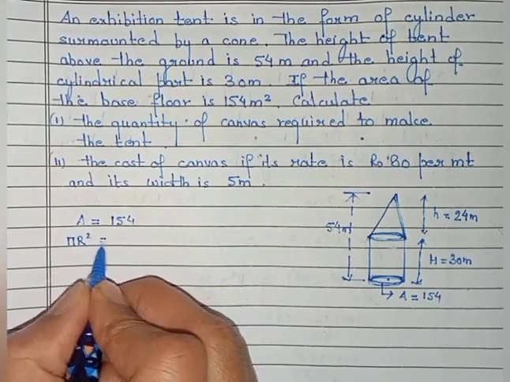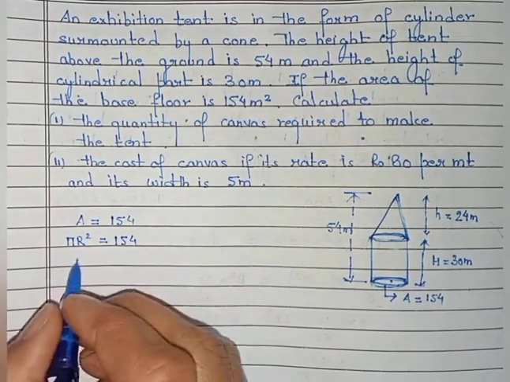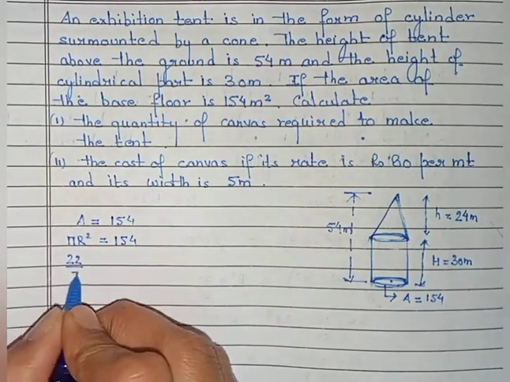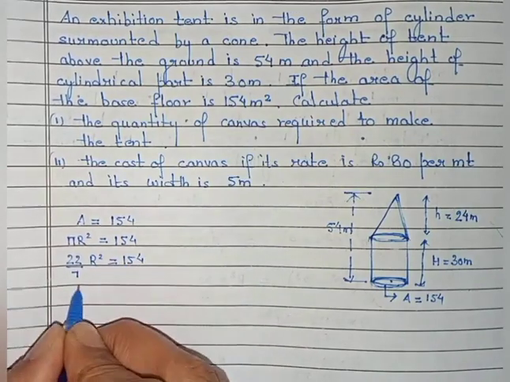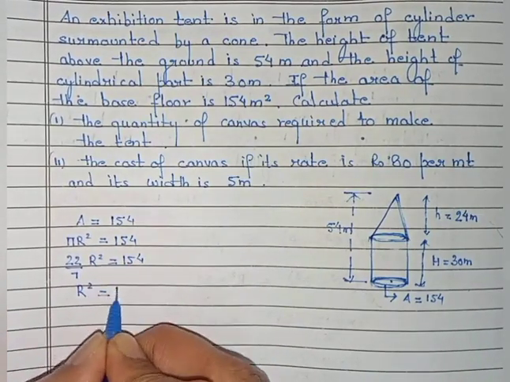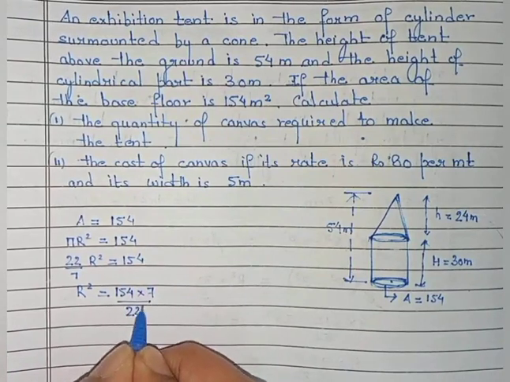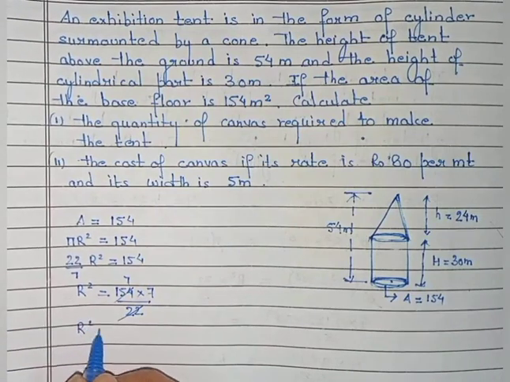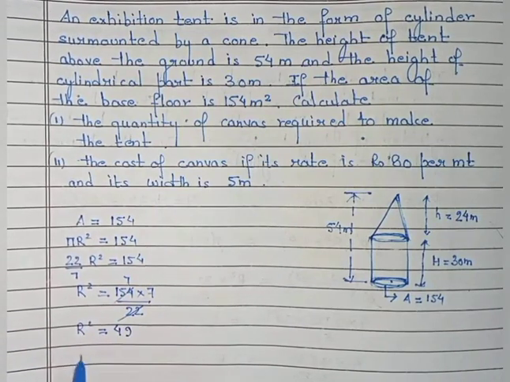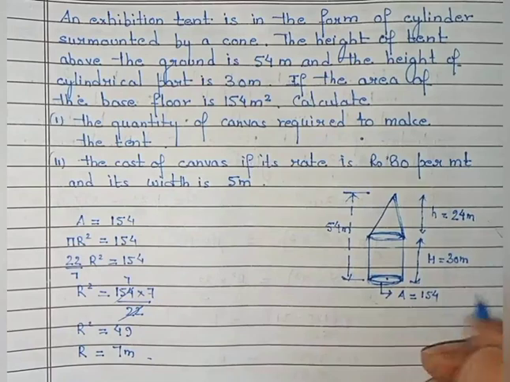From here you can get the radius of the cylindrical portion. So let's see what the radius will be. 22 goes into it 7 times, so r square is equal to 49. So radius is equal to 7. So you have got the radius of the cylindrical portion.